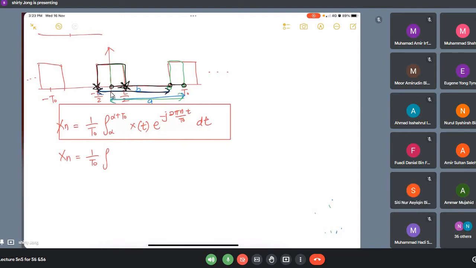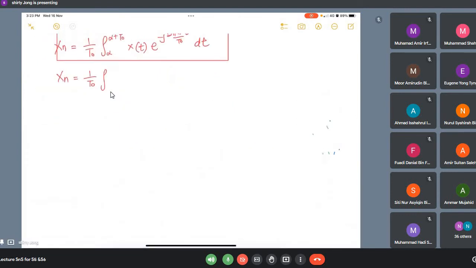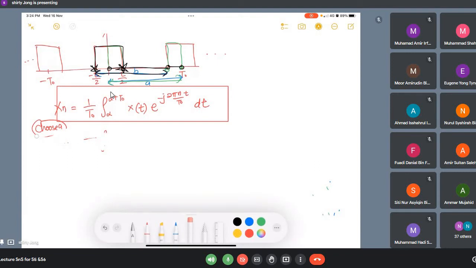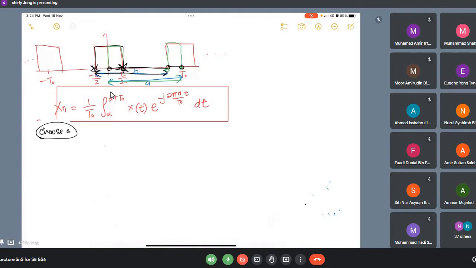If you choose A, you need to write Xn equal to 1 over T naught, A is from 0 to tau over 2, and then x(t) exponent minus j 2 pi n t over T naught dt.